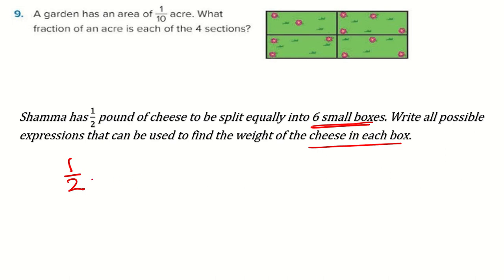Whenever we have to distribute something equally, what do we use? We use division, and then 6. As in the previous question I told you, you just write multiplication for this and then change the fraction. It will be 1 over 6. So it means 1 over 12. Like this you can solve the question.